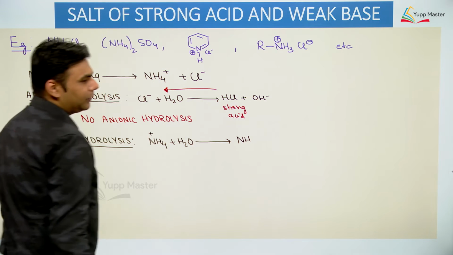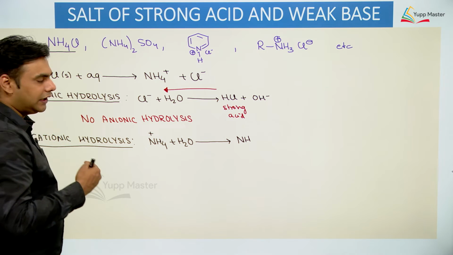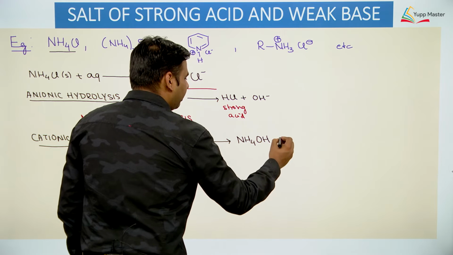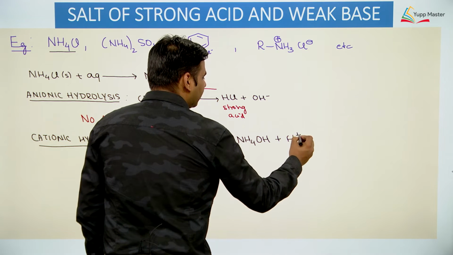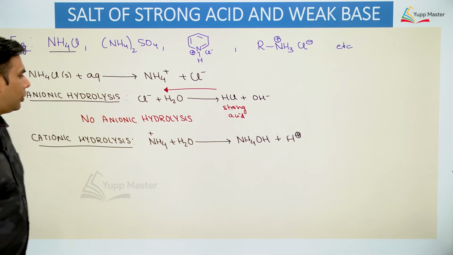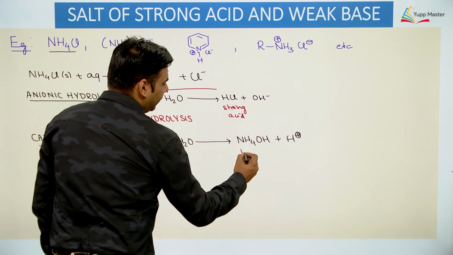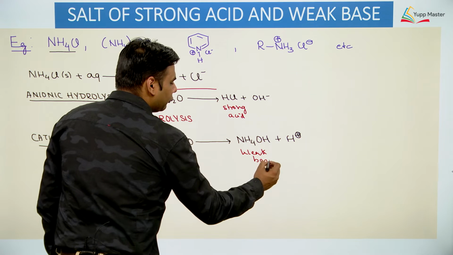ammonia plus H3O plus, or we can also say that this ammonium ion can attract OH negative from water and would form ammonium hydroxide plus H plus, right? Now because ammonium hydroxide is a weak base, this would dissociate back but to a very small extent.